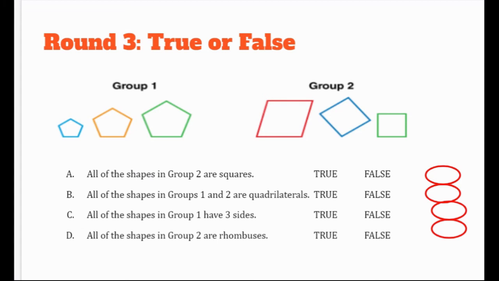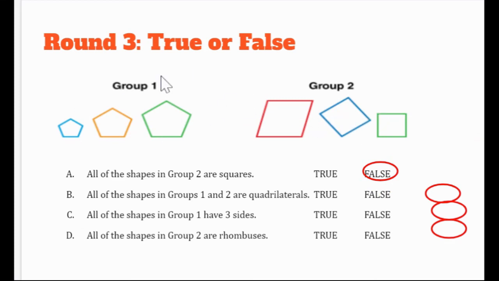All of the shapes in group 2 are squares. I would say no, it doesn't quite look like this shape here has right angles. They're a little bit off, so they are not all squares. All of the shapes in group 1 and 2 are quadrilaterals.